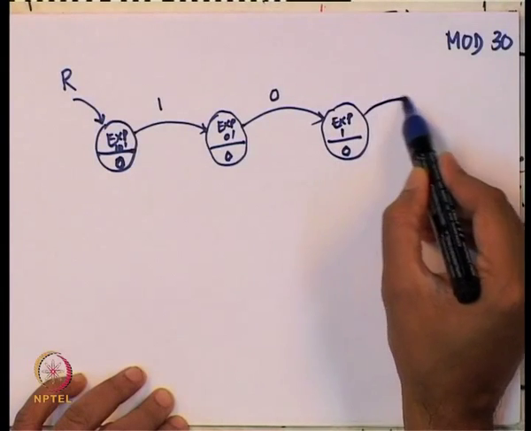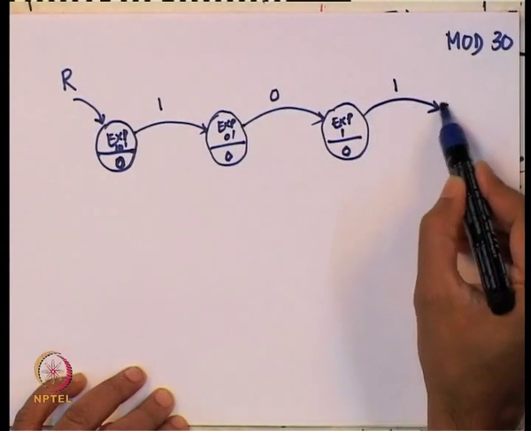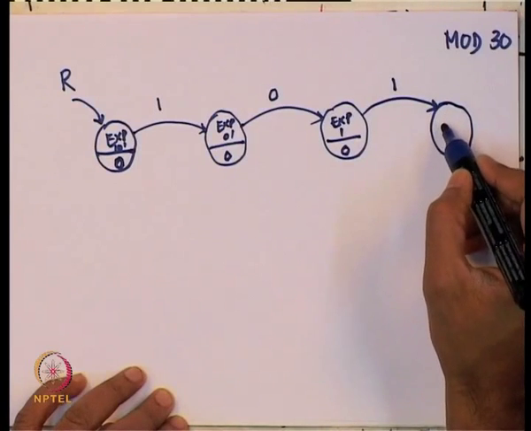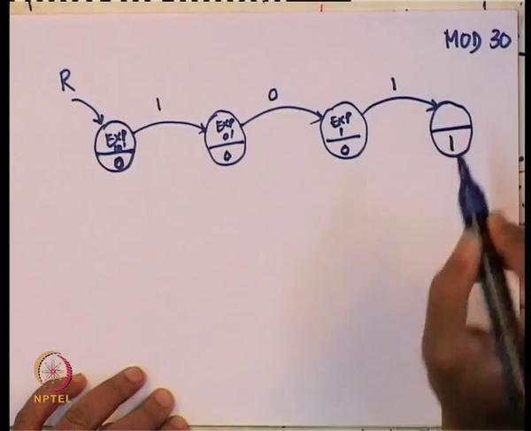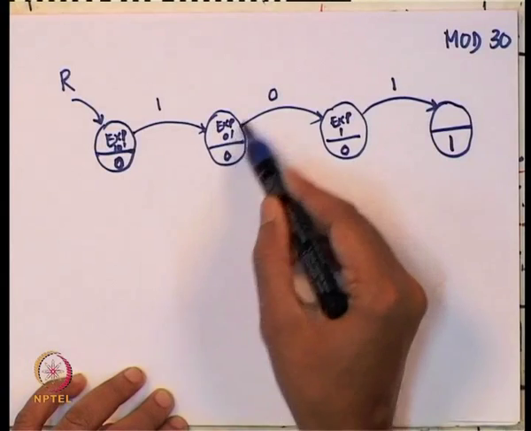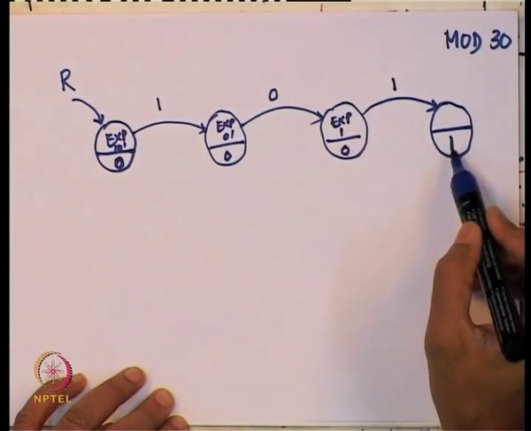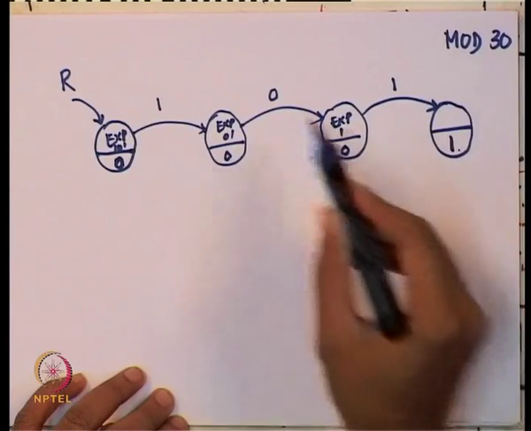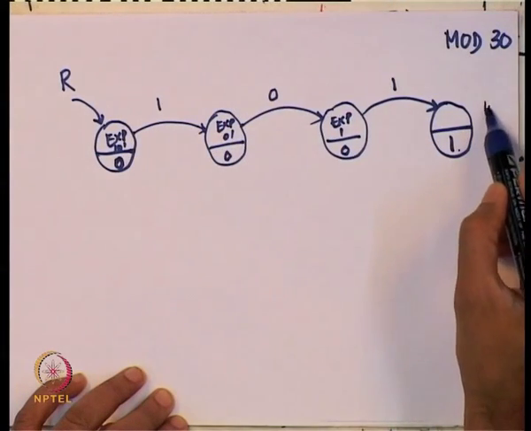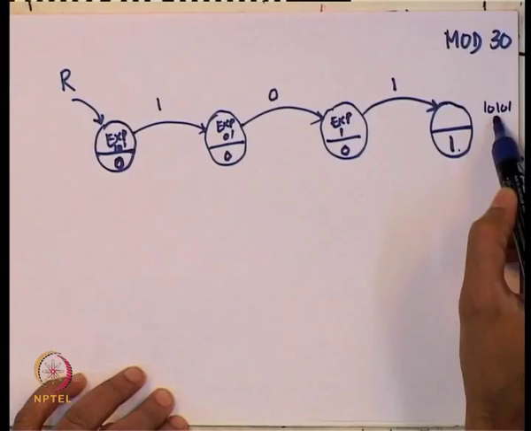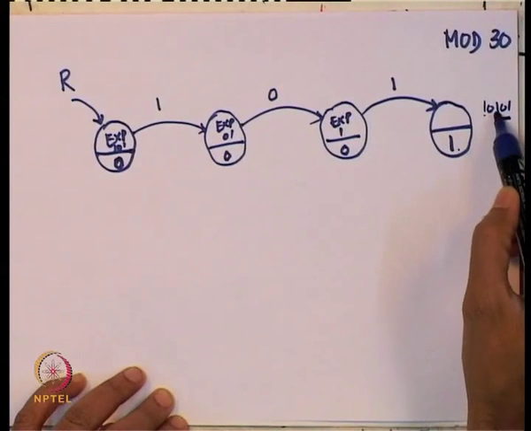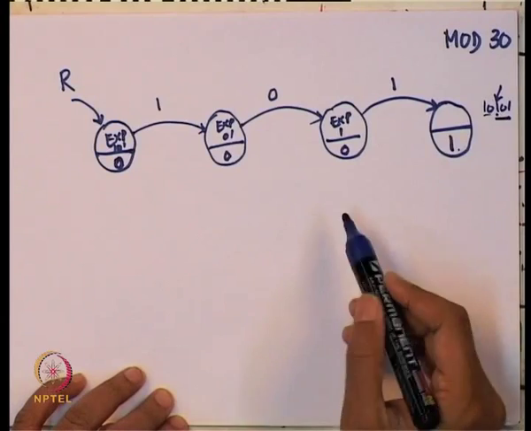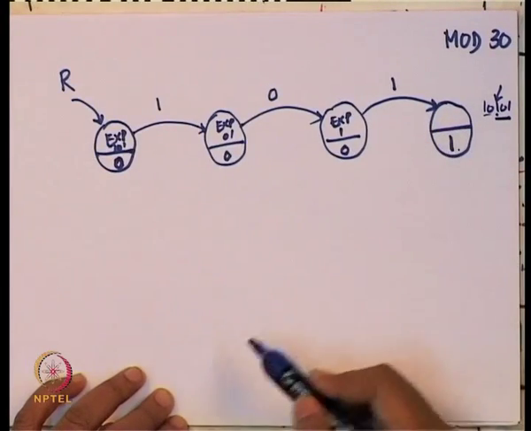Now on a 1 I can go to the state which should produce an output 1, because you have seen 1, 0 and 1. At this point you can produce an output of 1, but I also want to handle cases like 10101. This is a partial sequence: 101 is ending this sequence, but this one is also starting the next sequence. I will come and name this in a little while.